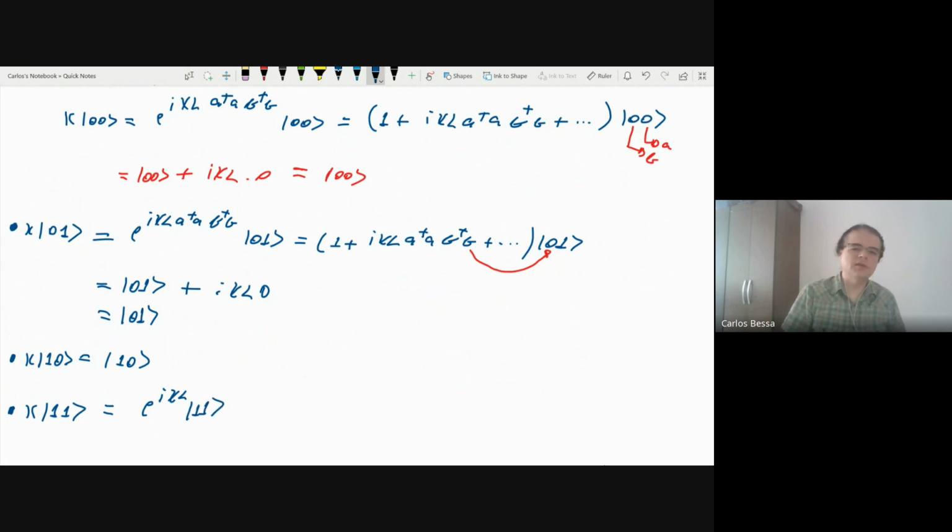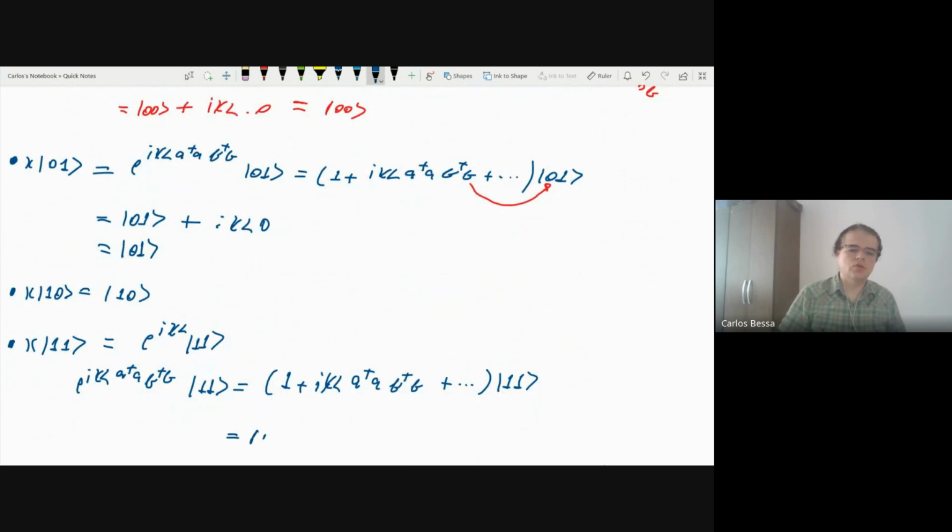And we can see this: i chi L a dagger a b dagger b applied to 1, 1, expand, i chi L a dagger a b dagger b, higher order terms, 1, 1.